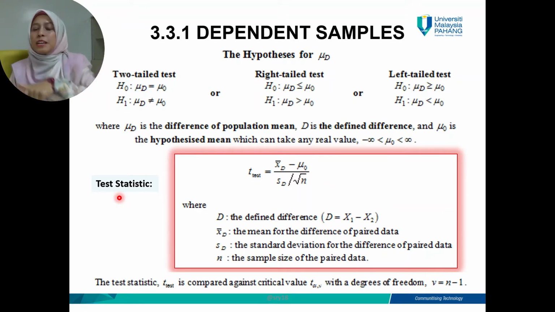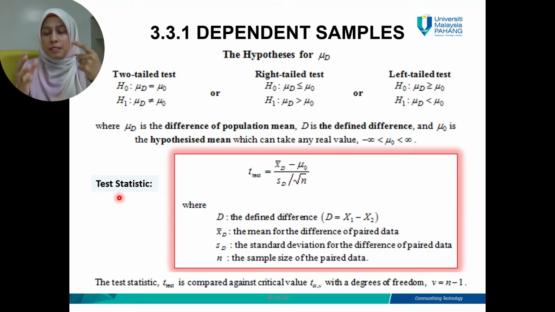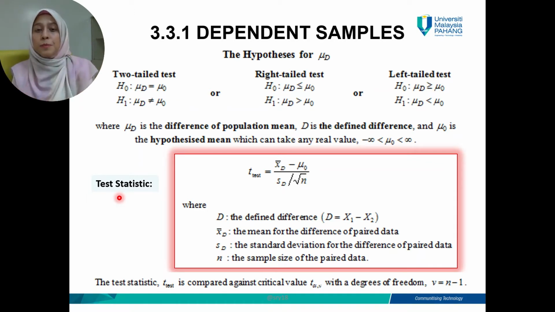So please recall what I explained to you in chapter 2. If your claim is pertaining to the mean difference for dependent samples, the test statistic formula is this. T-test equals x bar d minus mu naught divided by SD divided by square root n.